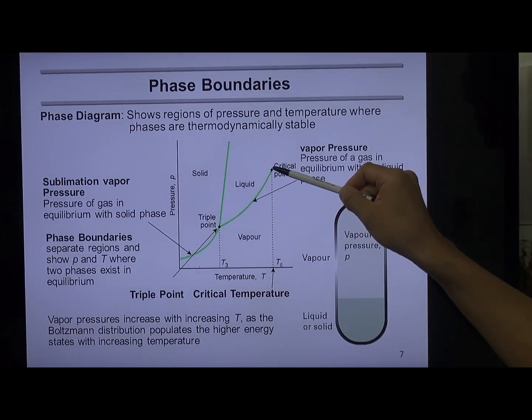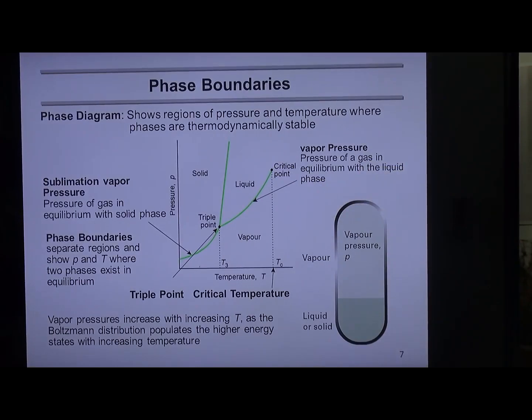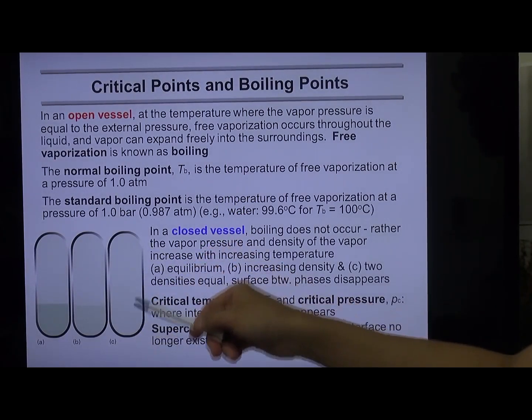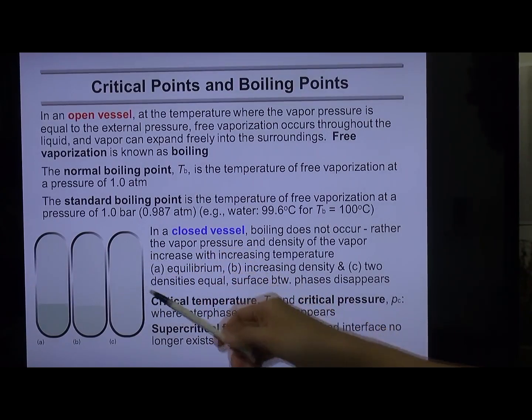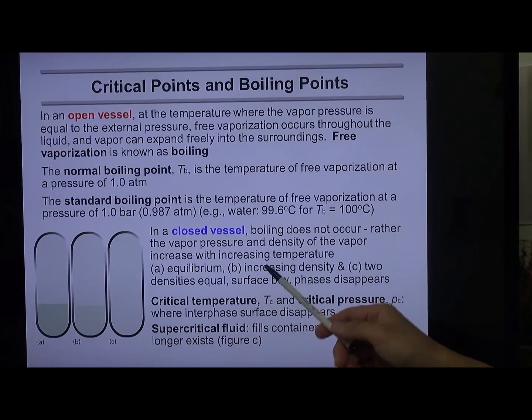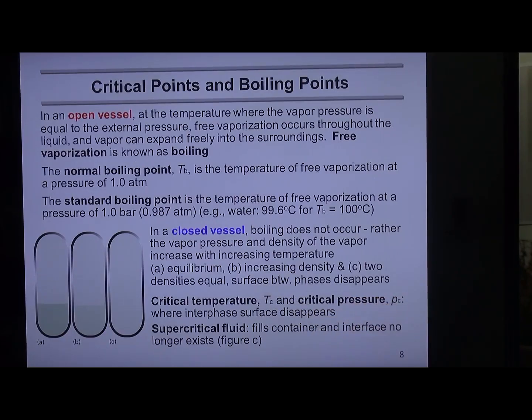From here, we just heat the sample again and again, and it just follows the line. After this point, there's no more liquid-vapor boundary, and the physical state of this material is something in between liquid and gas. At that point, the critical point, we can determine the critical temperature, pressure, and volume.